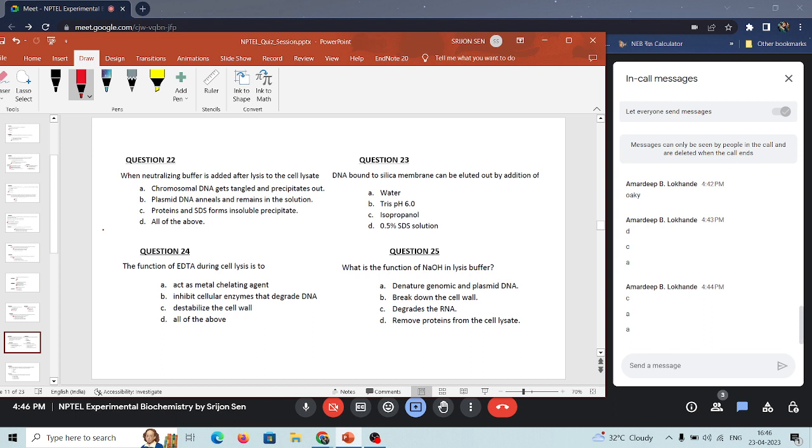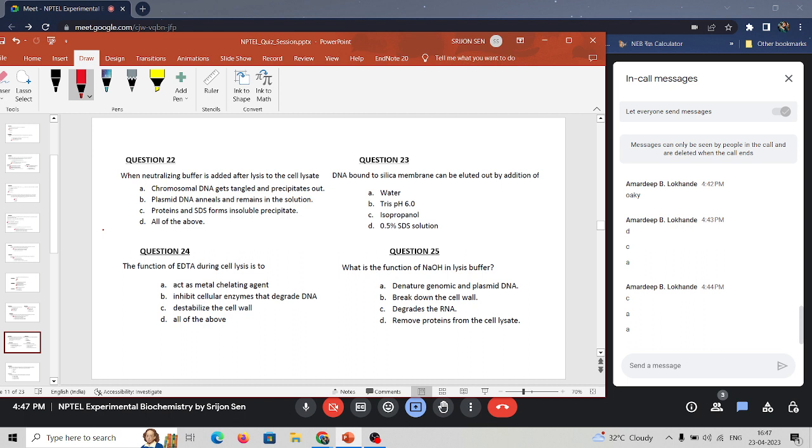Your plasmid, because what you are doing is actually extracting your plasmid. So the plasmid DNA is going to anneal and remain in the solution. What will happen next is that before adding the neutralizing buffer, you have added another buffer which is known as the buffer P2, which will also, or this neutralizing buffer can also have those components.